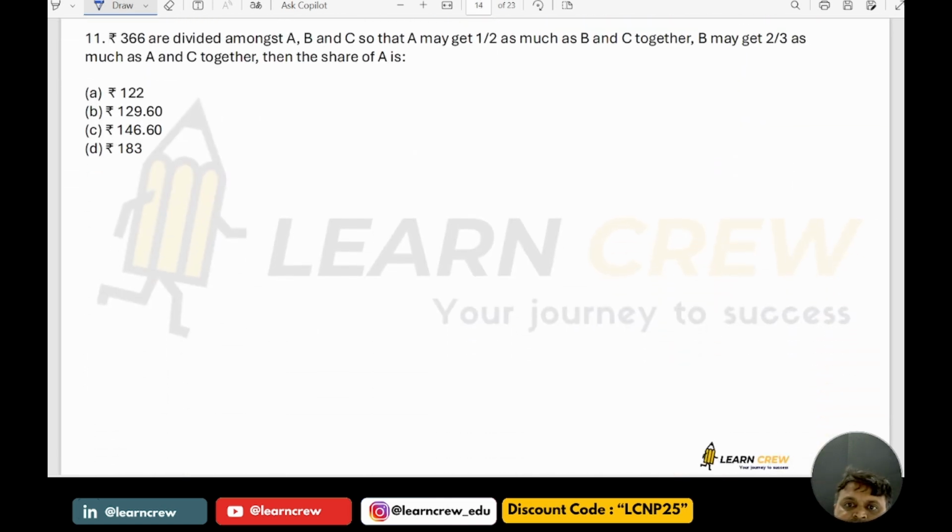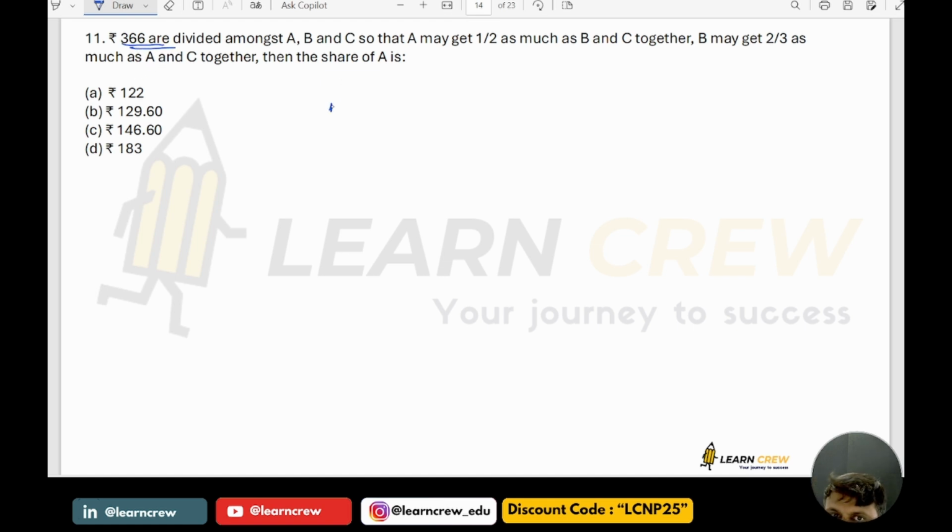Now next. Question number 11. 366 rupees is divided among A, B and C, so that A gets half as much as B and C together, and B gets 2/3 as much as A and C together. Then find the share of A. So total A plus B plus C is 366 rupees here.